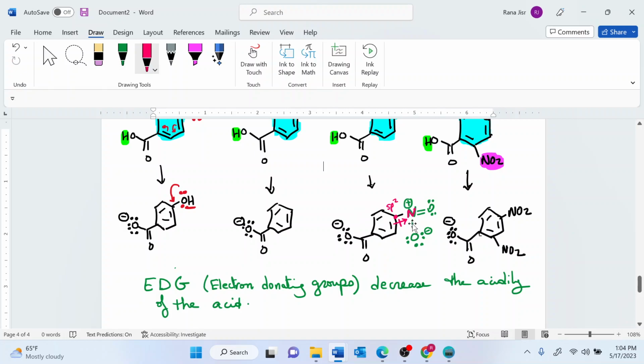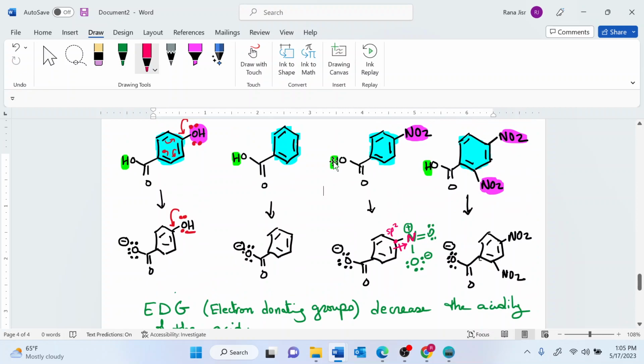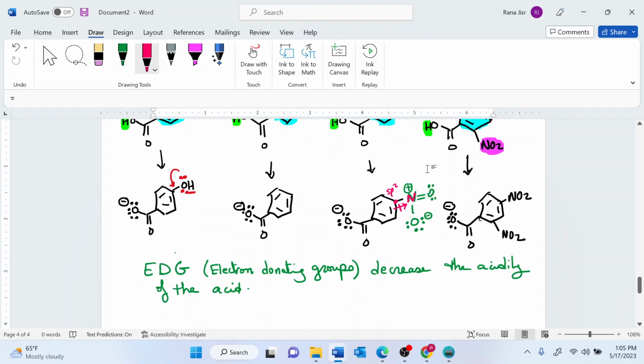That is going to stabilize the conjugate base, and it's going to make this acidic hydrogen more acidic. The more electron withdrawing groups I have, the more stable is the conjugate base because the charge will be more delocalized, and the more acidic is the acid. So by definition, an electron donating group decreases the acidity of the acid, and an electron withdrawing group increases.